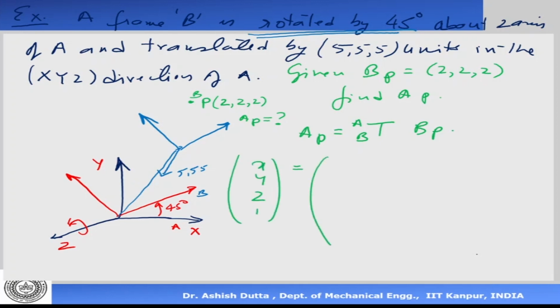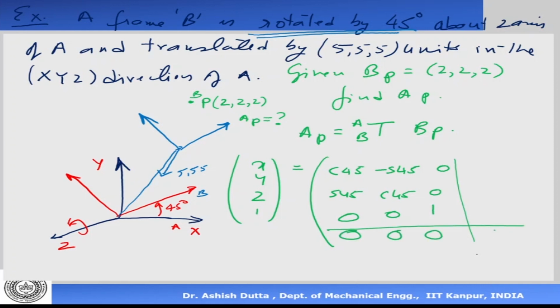This is a 4x4 matrix, so it is going to become cos 45, minus sin 45, 0, sin 45, cos 45, 0, 1 here. So this is one part of it, this is 0 0 0, this is 1, and this is equal to 5 5 5, and this is equal to 2 2 and 2.